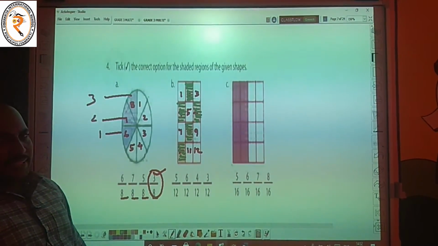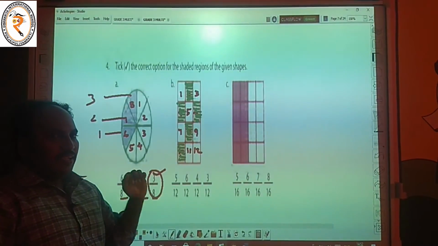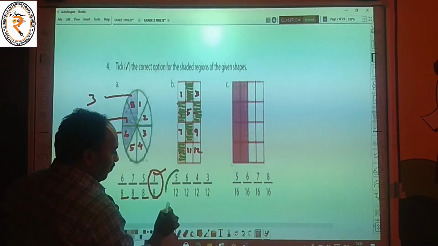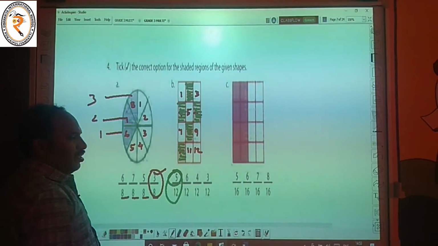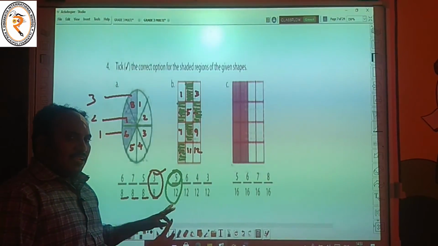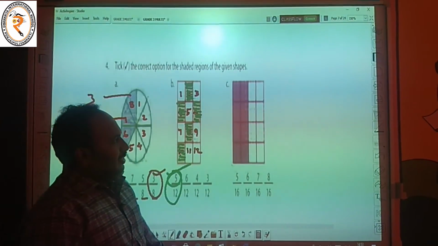Listen here. Your shaded portion is 1, 2, 3, 4, 5. Now 5 is the numerator and the denominator is 12. Our fraction is 5 by 12. And then C part.